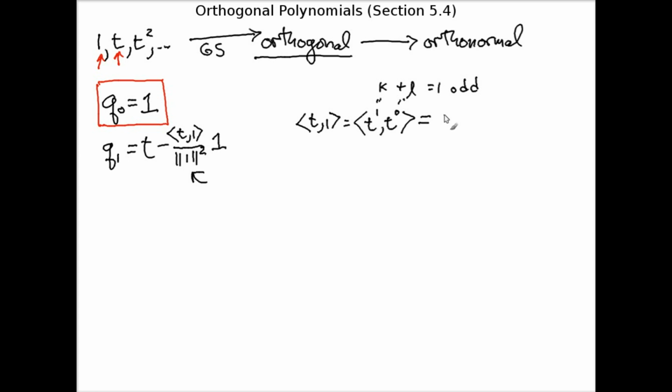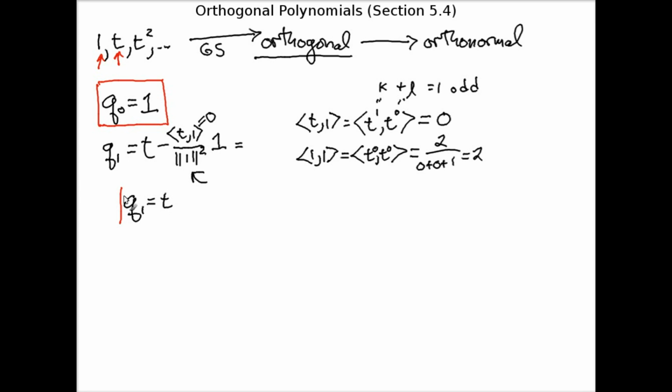And when k plus l is odd, this is 0. On the other hand, the inner product of 1 with 1 is t to the 0 with t to the 0, which according to that formula I had a couple of slides ago is 2 over 0 plus 0 plus 1, which is equal to 2. For this formula, I didn't really need this, because if this is equal to 0, I'm just getting Q1 is equal to t.